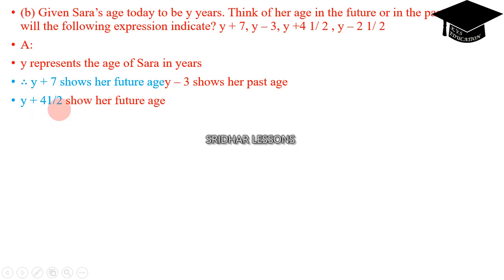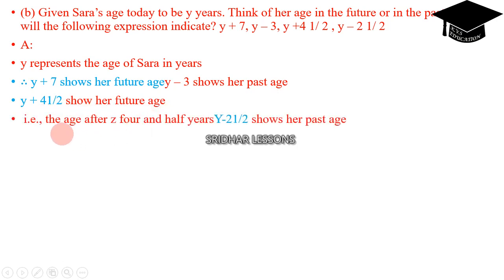And y plus 4.5 shows her future age, that is, age after 4.5 years. y minus 2.5 shows her past age, that is, the age before 2.5 years. Okay, good.